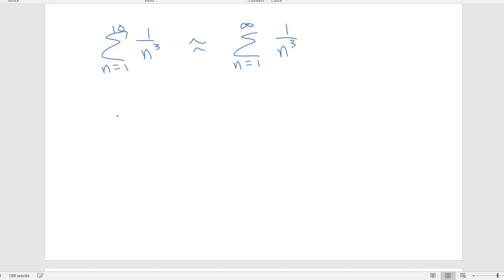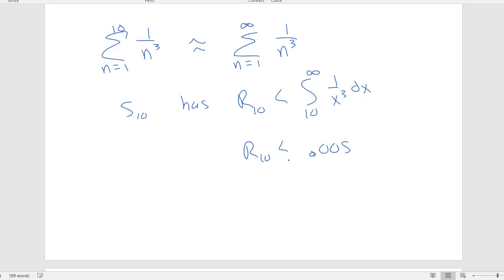We called this the 10th partial sum, and it has a remainder that's at most the integral from 10 to infinity of 1 over x cubed dx. We found that this number was 0.005 in the work that we did. So here's our max error.